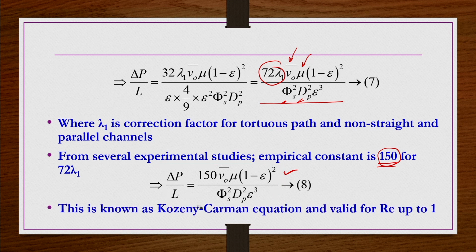This equation is known as the Kozeny-Carman equation and is valid for Re up to 1 only, small Reynolds number only. As I already mentioned, in straight pipes without any packing, laminar flow conditions exist up to a Reynolds number of about 2100.